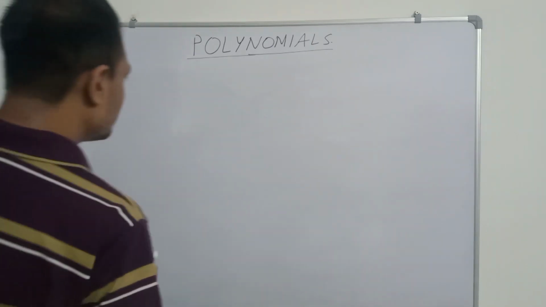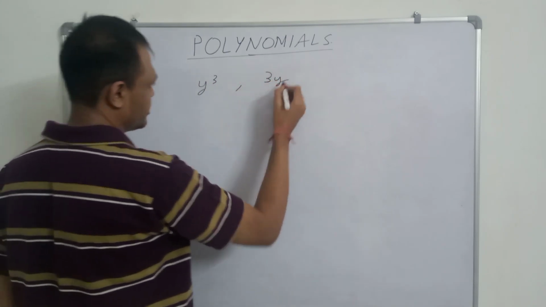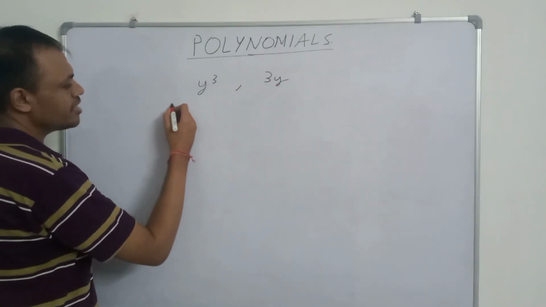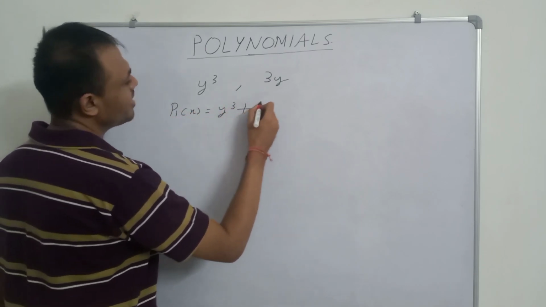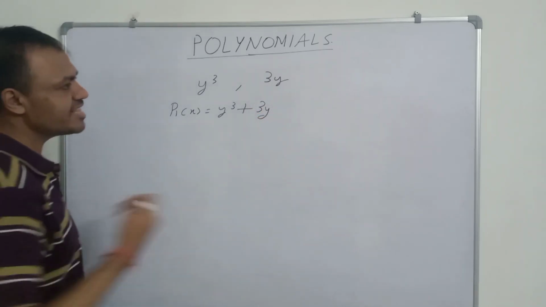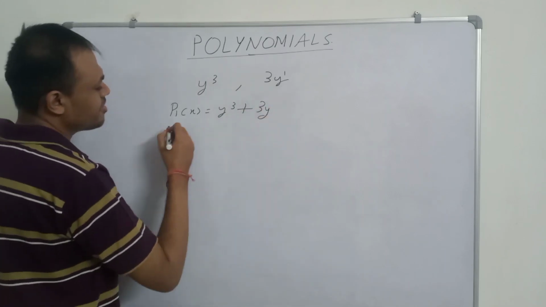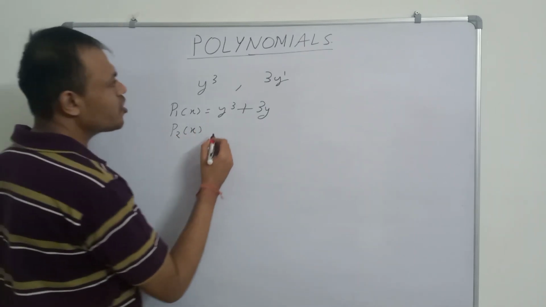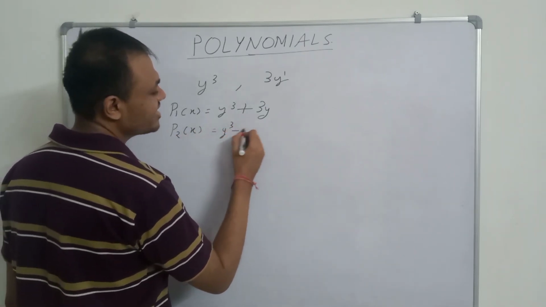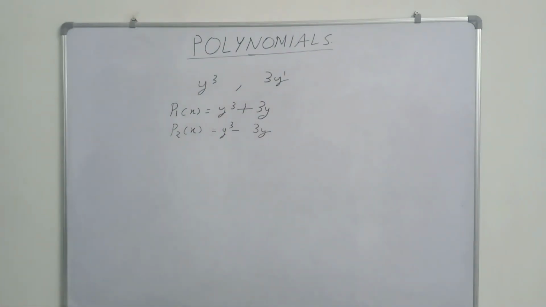So let's say I had two terms, y cube and 3y. If I add these two terms, then I get polynomial p1(x) equal to y cube plus 3y. Here the power of y is 1. If I subtract these two terms, then I get another polynomial p2(x) equal to y cube minus 3y. So based on addition and subtraction of these terms, we can make different polynomials.